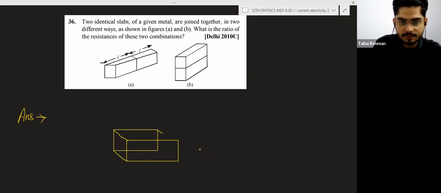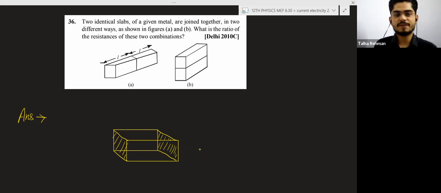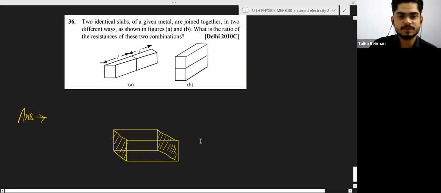This type of slab we have. Two similar slabs we have, identical slabs we have, see here, of given material. Material is same of both the slabs.